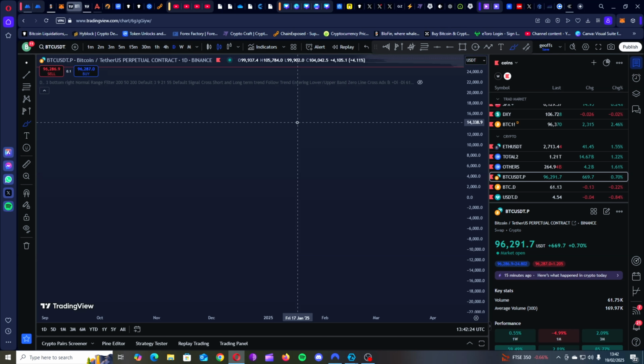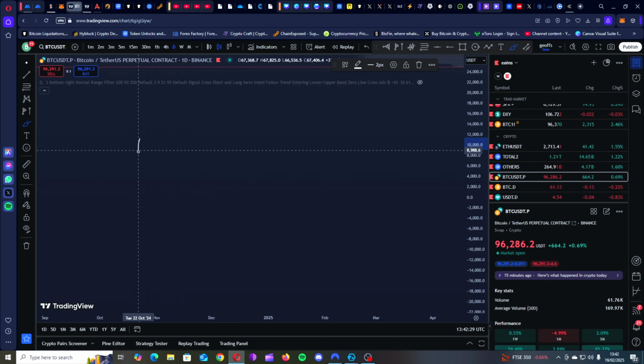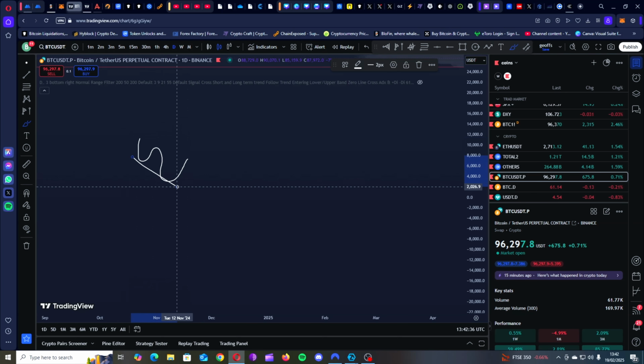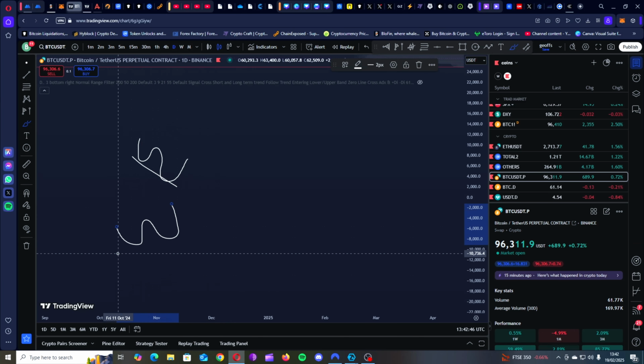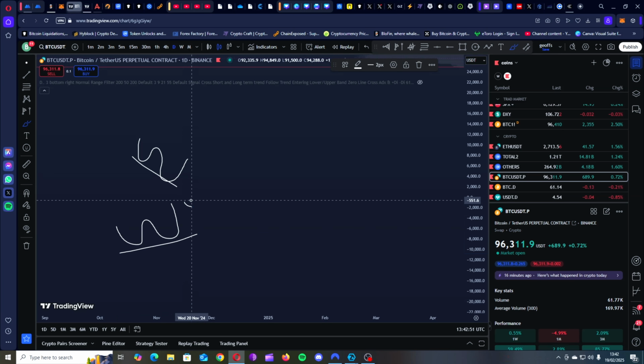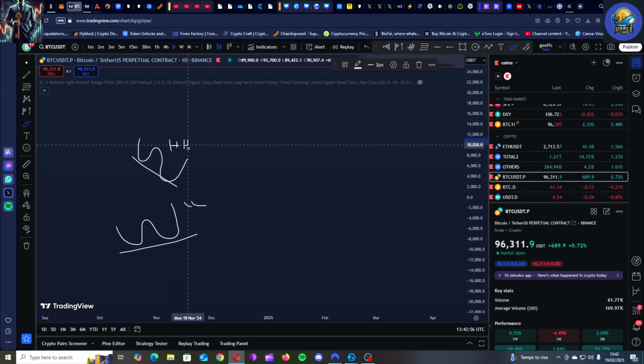So if we have a little look, say we've got price here doing this, making lower lows, but then we've got CVD doing this, making lower lows. So that's price.